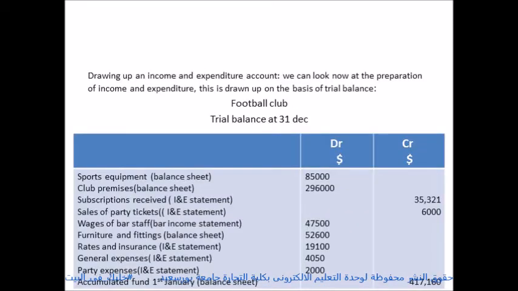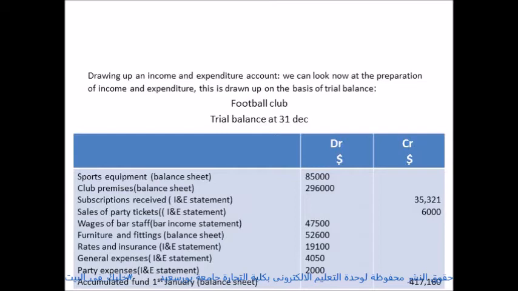Now, drawing up an income and expenditure account. We can look now at the preparation of the income and expenditure account. This is drawn up on the basis of a trial balance. Here we have a trial balance at 31 December for a football club. Debit side, credit side, and the items. Sports equipment, an asset on the balance sheet, 85,000. Club premises, balance sheet, 296,000.